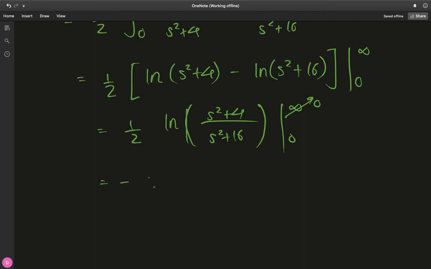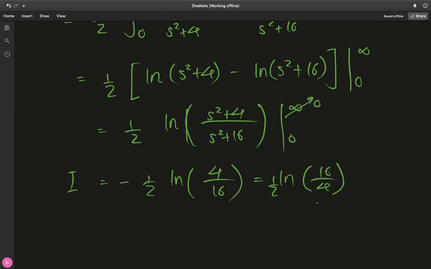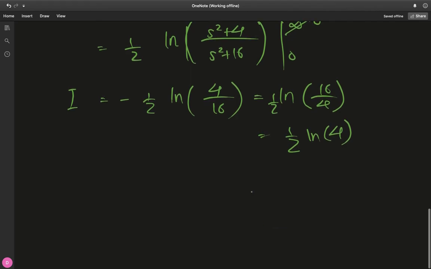minus half of, when you plug in 0 in place of s, natural log of 4 over 16. You can suck up the negative and flip the arguments. You have I is basically equal to half of the natural log of 16 divided by 4, which is equal to half of natural log of 4, which if you want to apply some properties of exponents, is 4 to the half power, which is square root of 4.